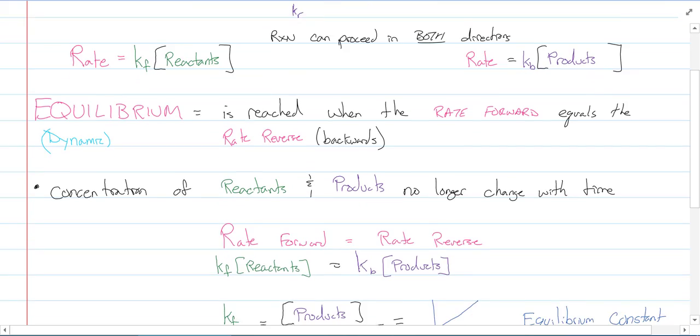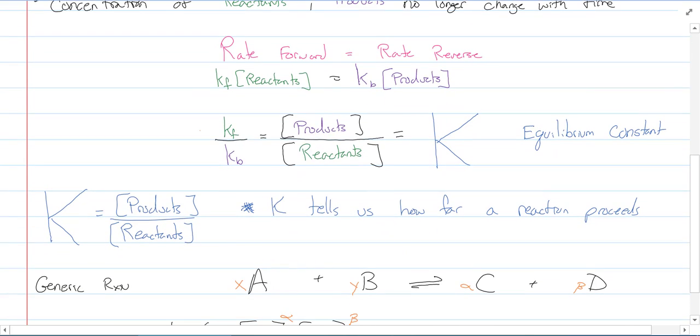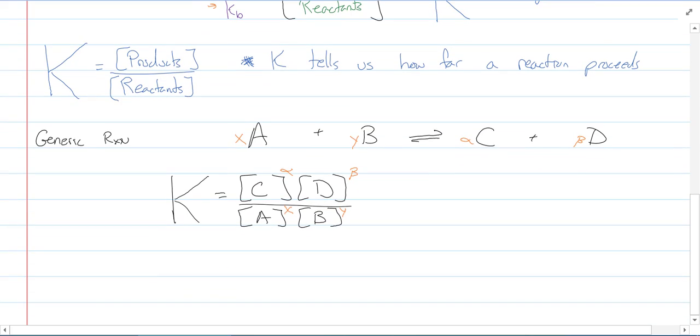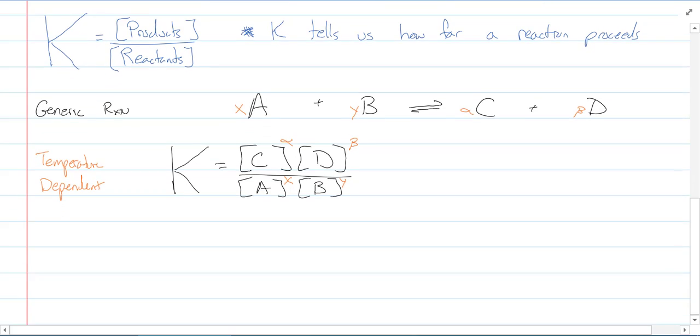Since these are both temperature dependent, this K is temperature dependent. So all the K's in the book are at 25 degrees Celsius, unless otherwise told to you. And sometimes they do tell you for the problem.